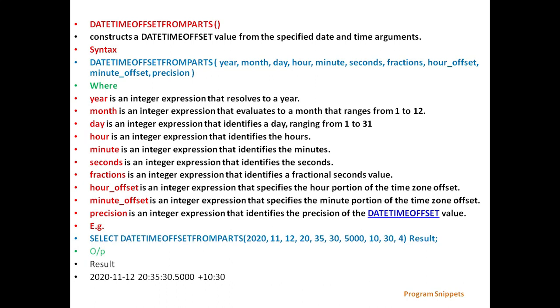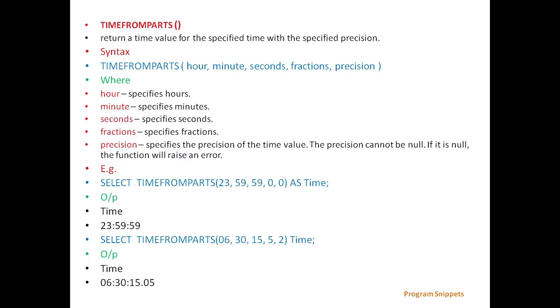For example, SELECT DATETIMEOFFSETFROMPARTS(2020, 11, 12, 20, 35, 30, 5000, 10, 30, 4) will result in an output with year 2020, month 11, day 12 with time 20 hours, 35 minutes, 30 seconds.